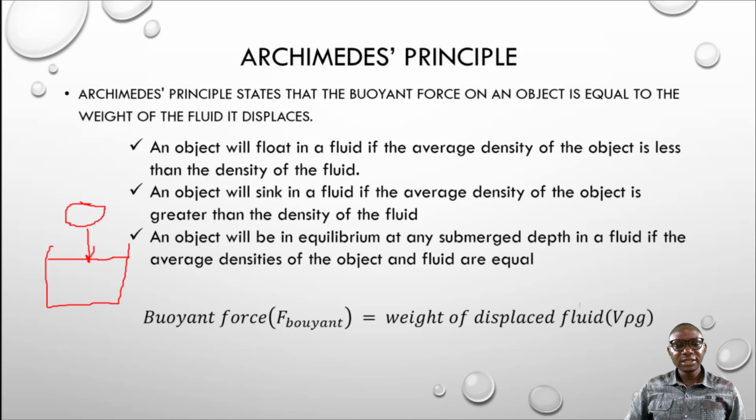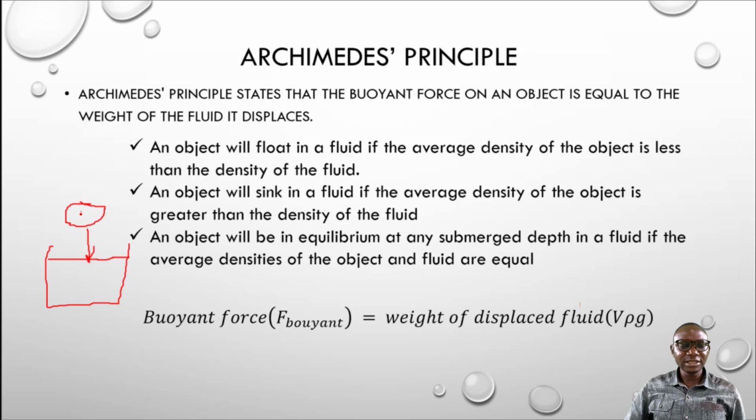The second one says an object will sink in a fluid if the average density of the object is greater than the density of the fluid. So it's still rephrasing what the first one says.